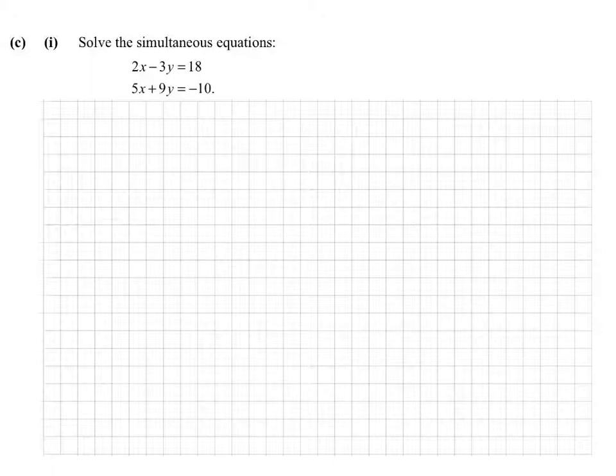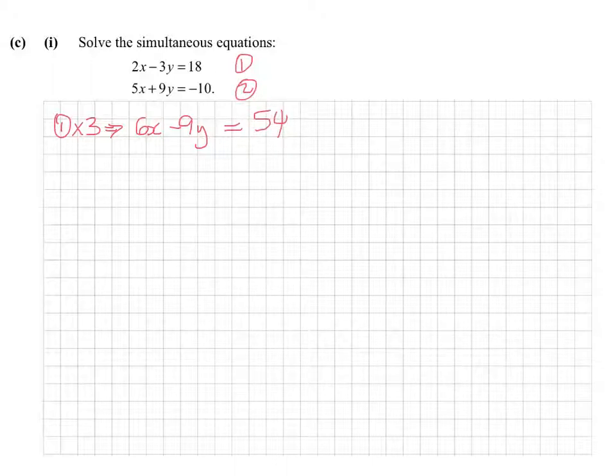So I'm going to take that first equation and multiply it by 3. What I get is 6x minus 9y equals 54. The second equation we can leave as is: 5x plus 9y equals minus 10.